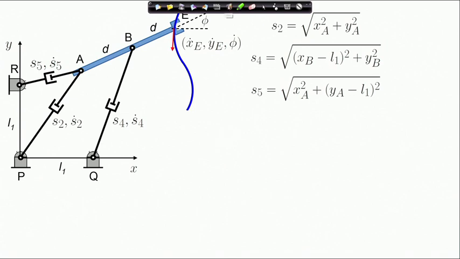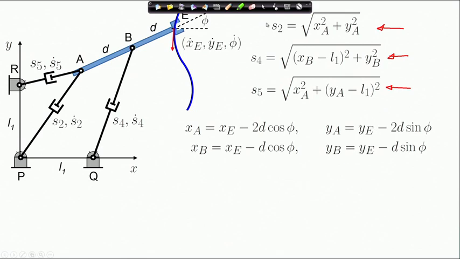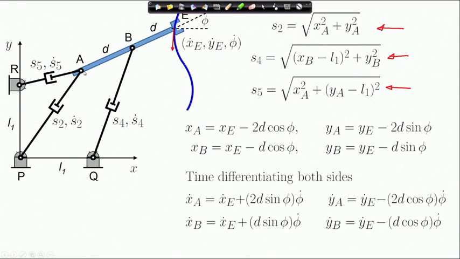We have these displacement relations in terms of the coordinates of point A. So, here we have point A. So, we have related the coordinates of point A in terms of the end effector coordinate and the orientation angle phi.